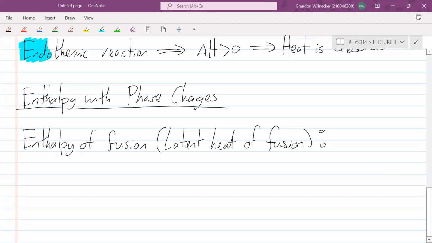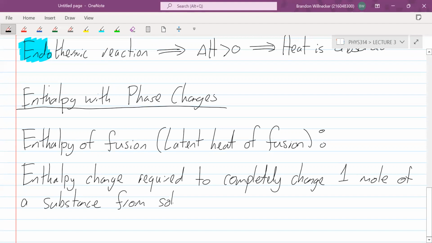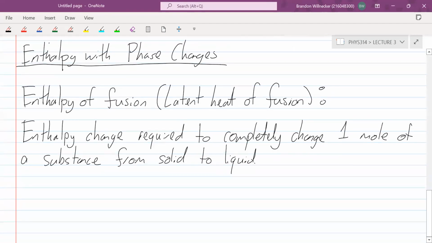This is the enthalpy change, and we're always dealing with changes in enthalpy, required to completely change one mole of a substance from solid to liquid.